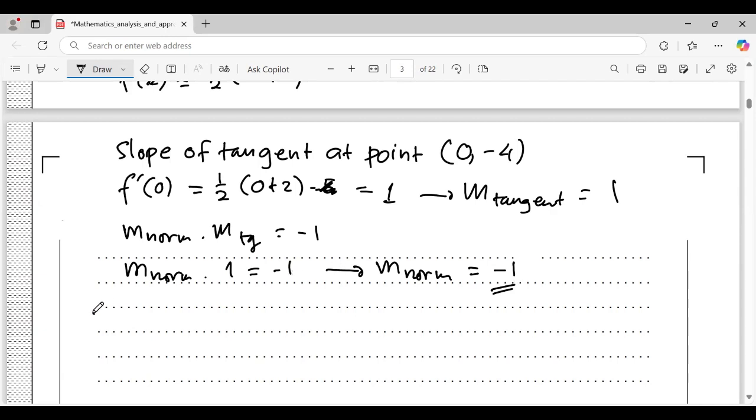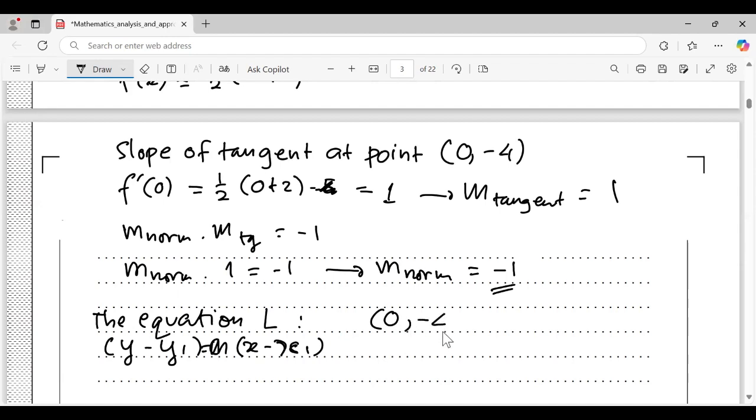And the equation of line L, I would like to write in this formula: y minus y1 equals m times x minus x1. This is the point 0 comma minus 4, this is x1, this is y1, and the gradient is minus 1.